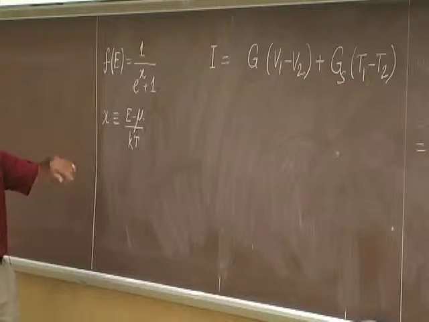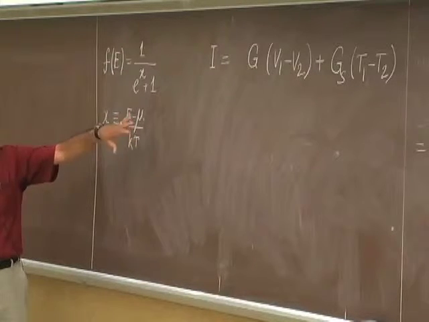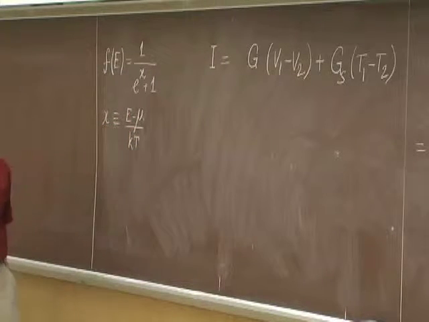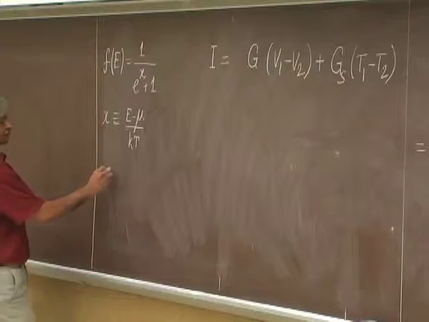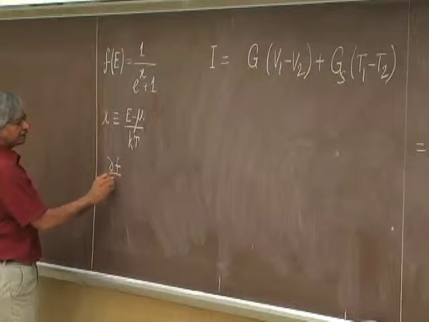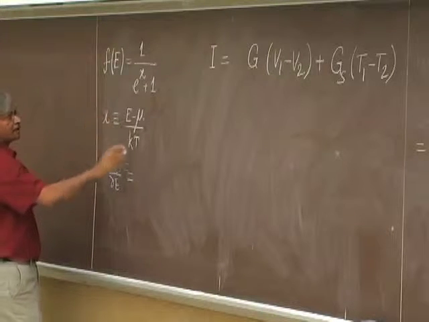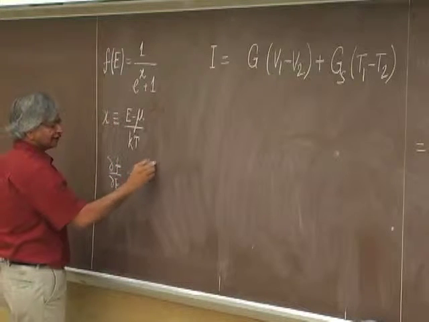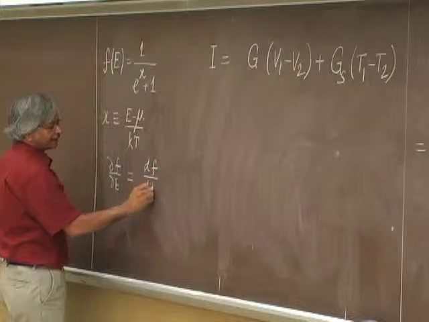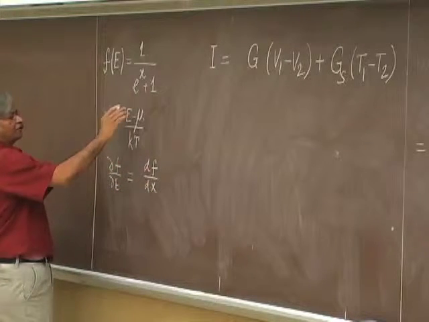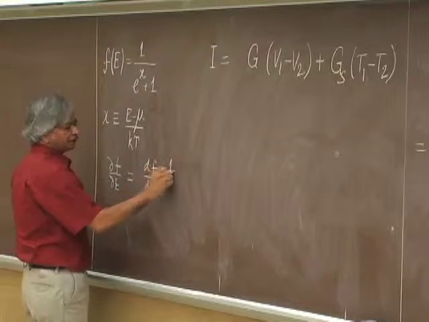But now we are trying to take the derivative with respect to T. So del F del E is like dF dx times the derivative of x with respect to E, which is 1 over kT.